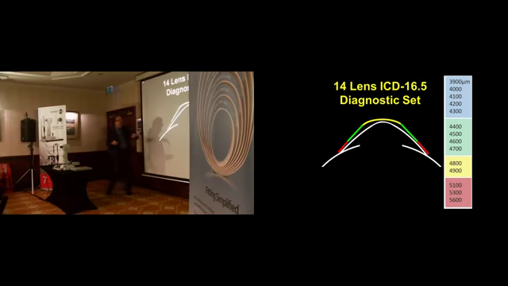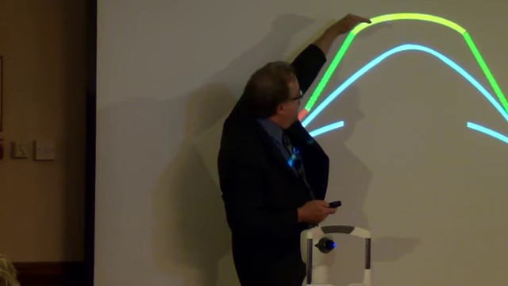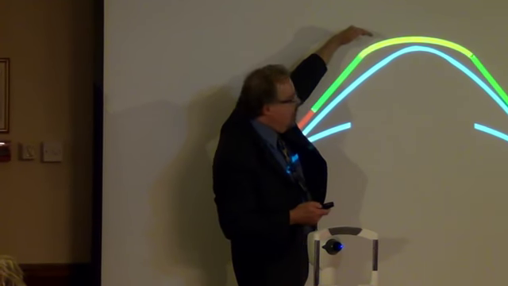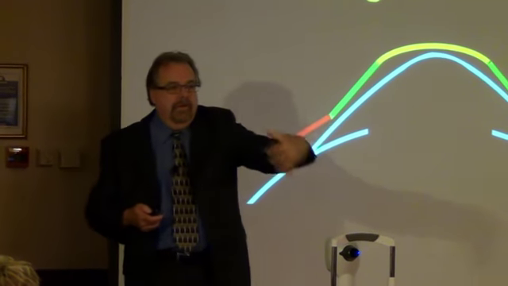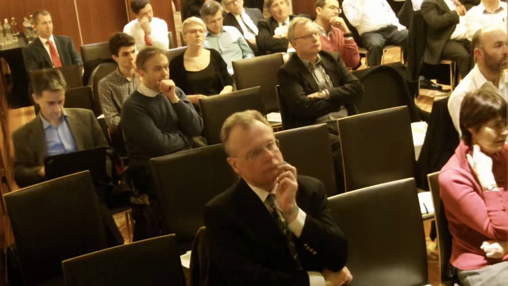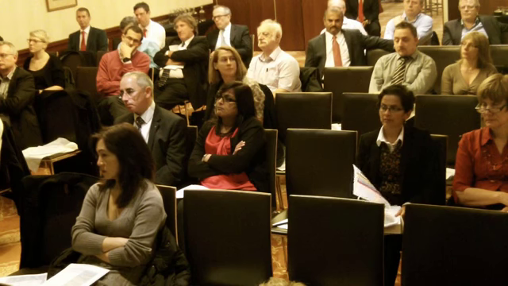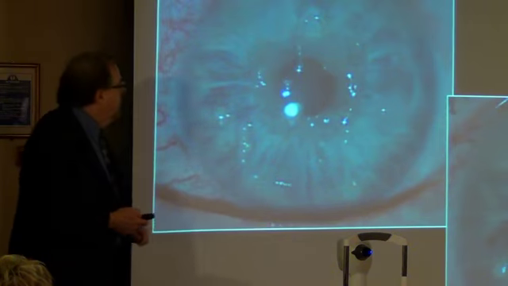So we can virtually raise the contact lens and we can then lower it on the eye. And that's all we're doing with scleral lenses. We're raising it up, we're lowering it on the eye.